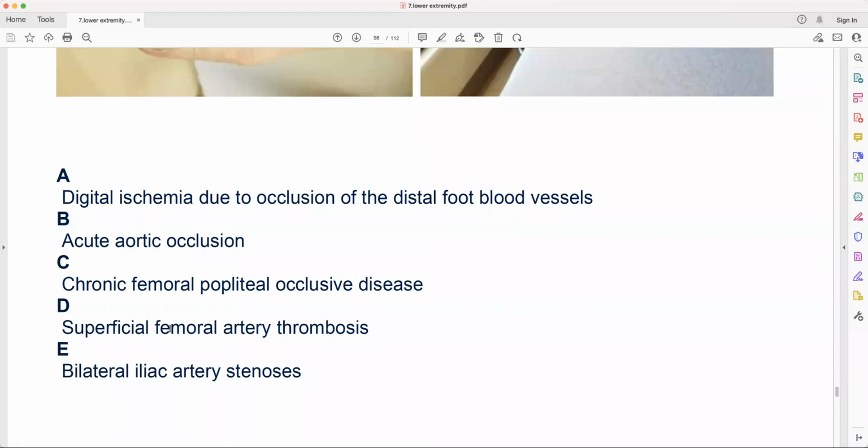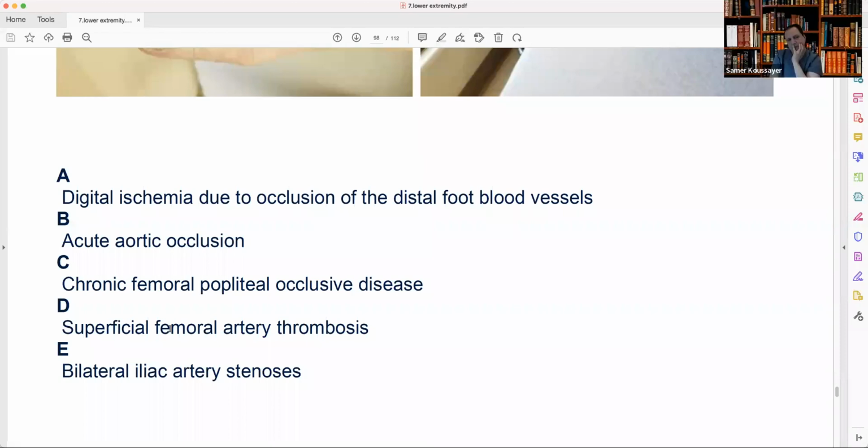Chronic femoral popliteal occlusive disease? The pulse will be absent. Even though you can have an atheroma, this is really not a good answer, because yes, embolization can come from a plaque in the SFA or popliteal. The artery is open, but it's a shaggy artery, so you can get embolizations. But he said occlusive disease.